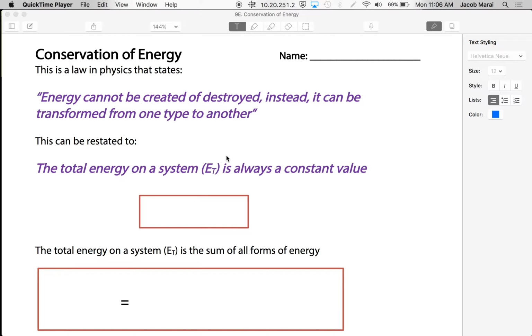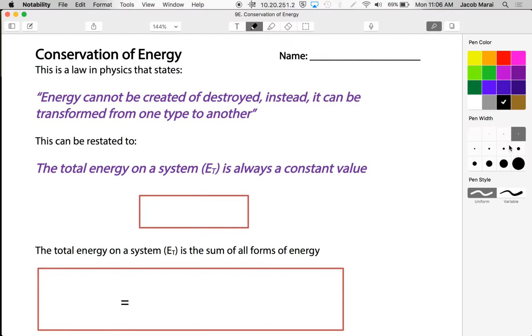We can restate this, gentlemen, that the total energy of a system is always a constant value. We can also restate it by saying this, that the sum of all energies initial, prior to some interaction, is going to equal the sum of all energies final. Okay?